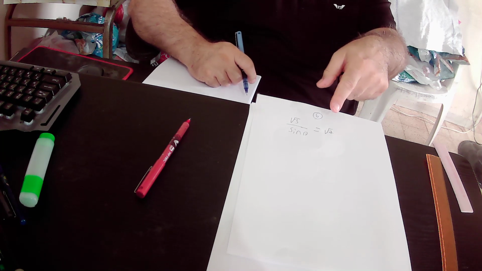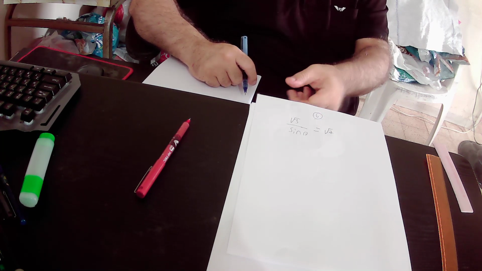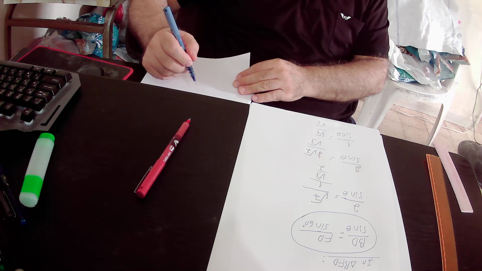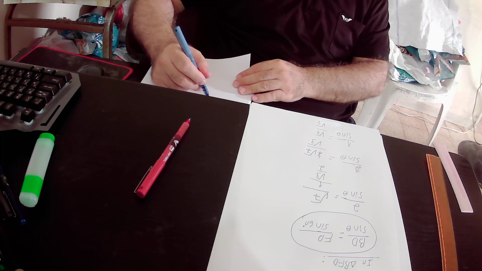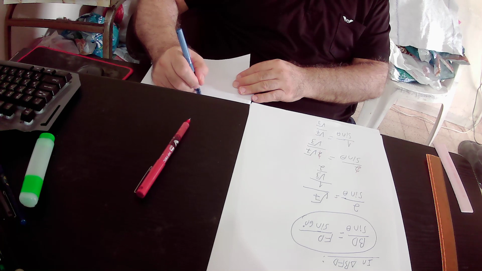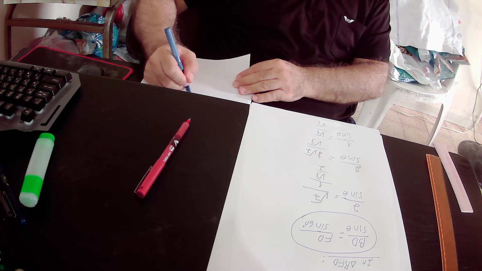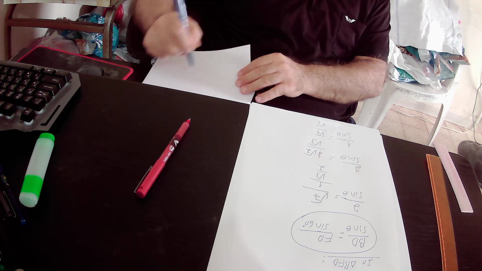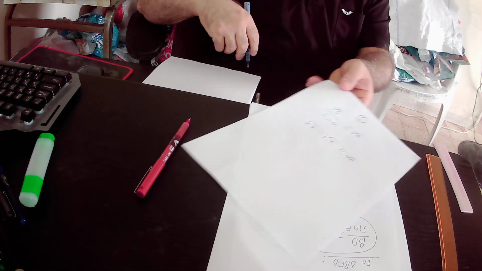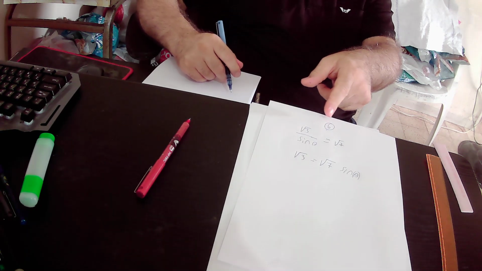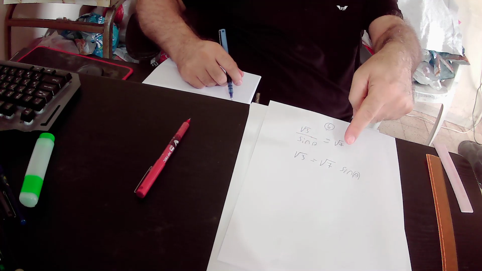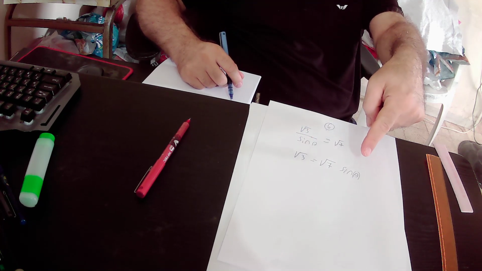Now we will multiply this equality by sinus theta. So after we multiply this equality by sinus theta, we got that root of 3 equals root of 7 times sinus theta.